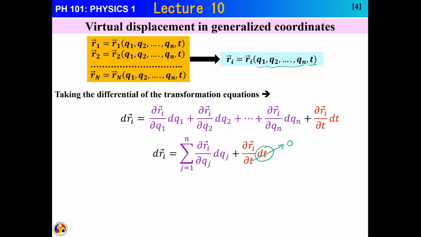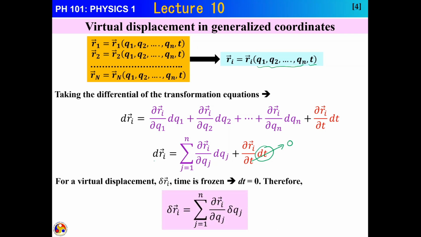So in that case, we can put dt as 0 and replace dri with delta ri. Then the virtual displacement turns out to be in this functional form. So it is a very infinitesimal change in the position from equilibrium.